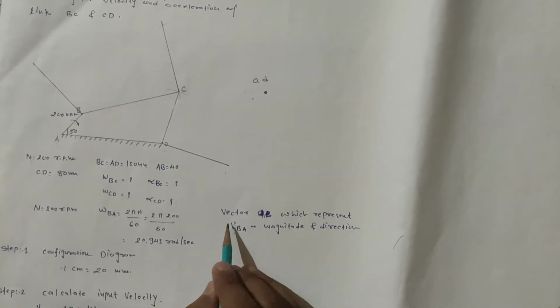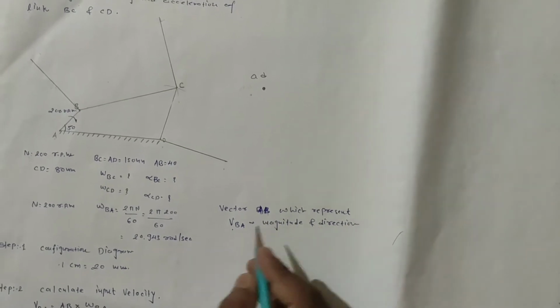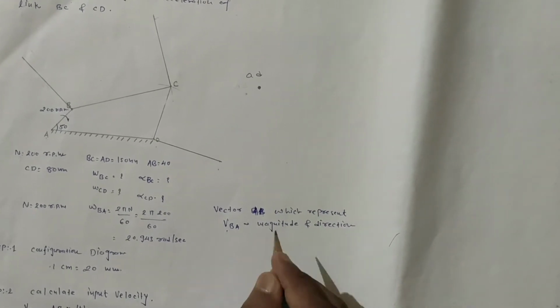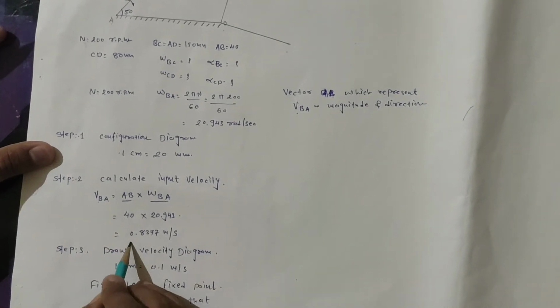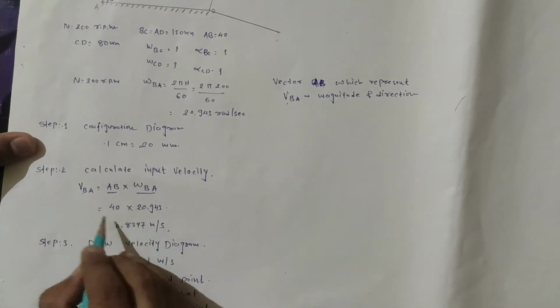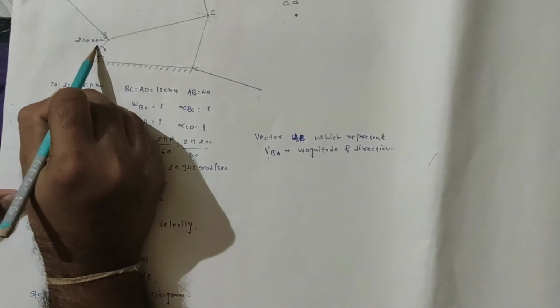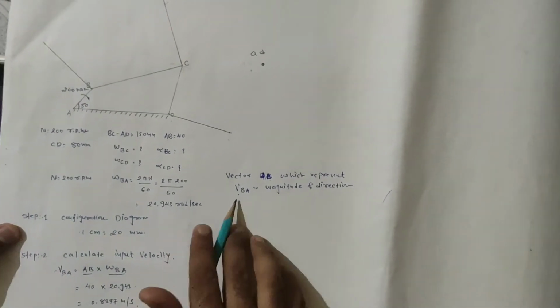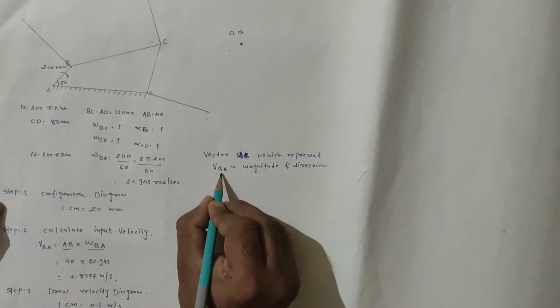Here we have to draw vector AB, which represents the velocity of BA, whose magnitude and direction are both known. So here we have to find both things, the magnitude of the velocity of BA, and the direction, which is clockwise.